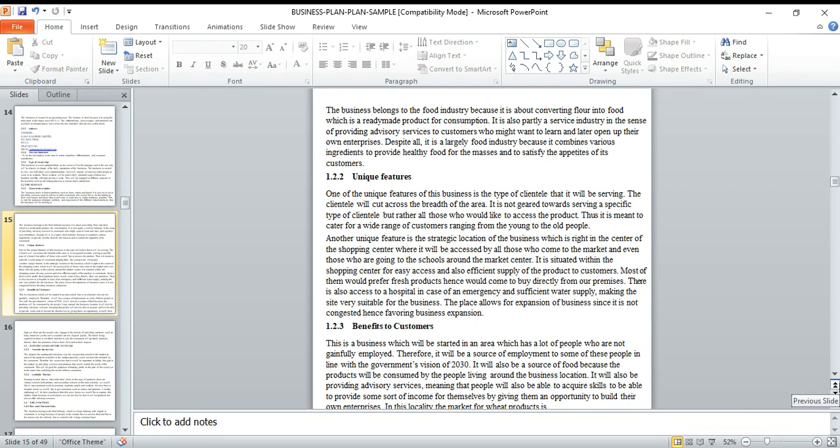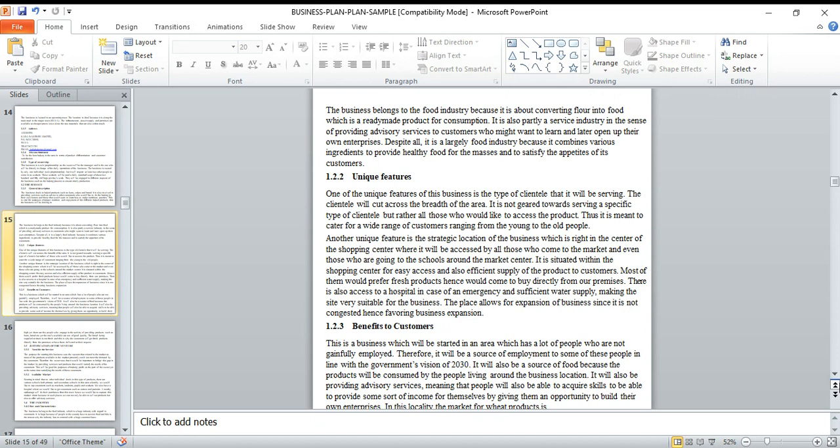Therefore, it will be a source of employment. So these are some of the benefits whenever you start a business. In your description, when you're talking about benefit to customers, one, you should clearly state the importance of your business. Number two, does it have a benefit to customers in terms of the product itself?